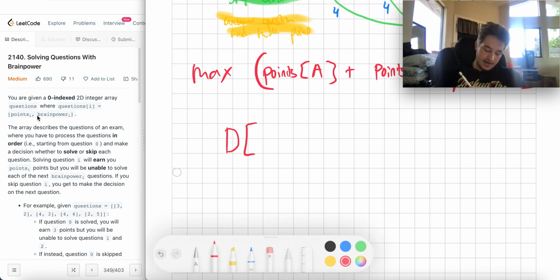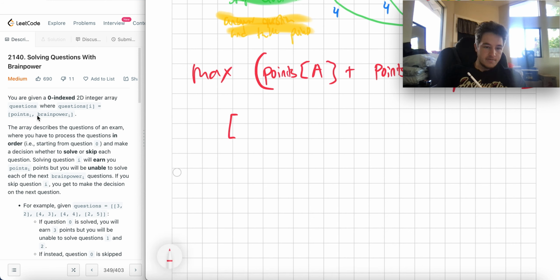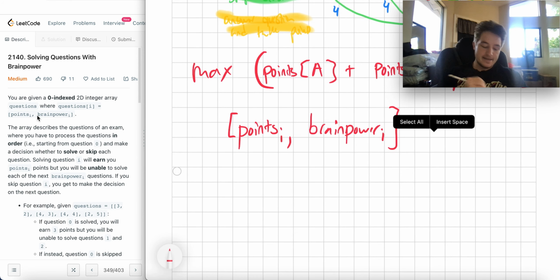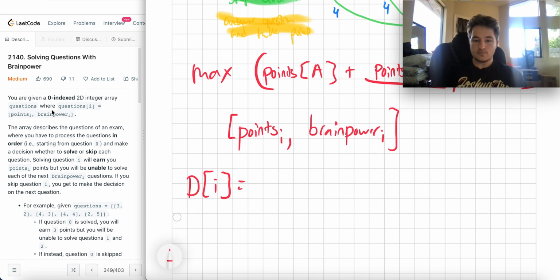So let's say D of I, right? Because for any point, we have points at I and brain power at I. That means let's have an array called D, where D of I equals this points idea we had here.